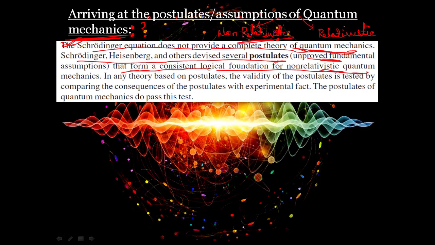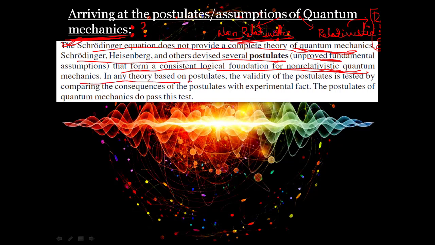In relativistic quantum mechanics, the scientist Dirac has contributed a lot, and his contributions are studied there. But at this juncture, we are studying non-relativistic quantum mechanics. Now, the foundation for non-relativistic quantum mechanics.